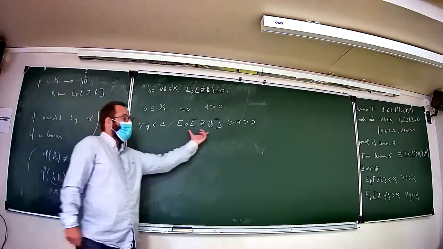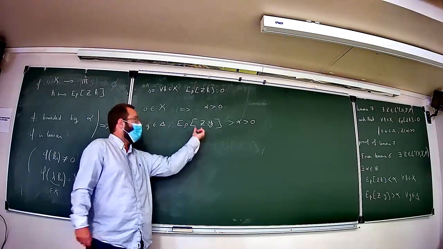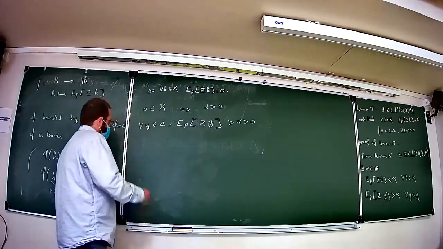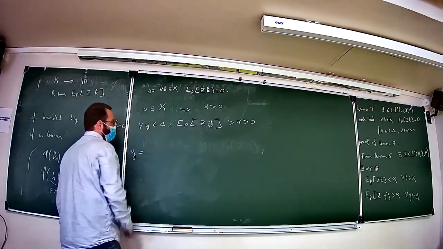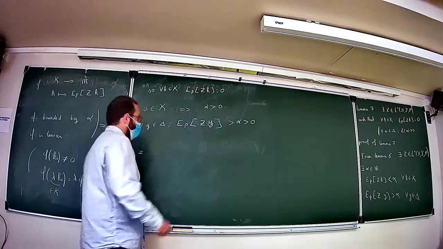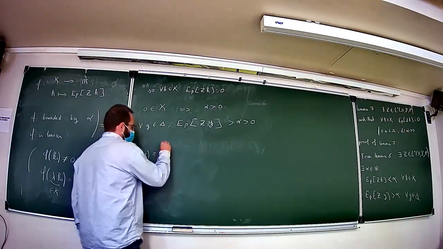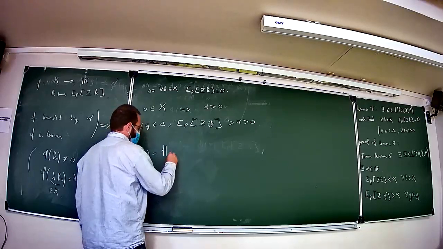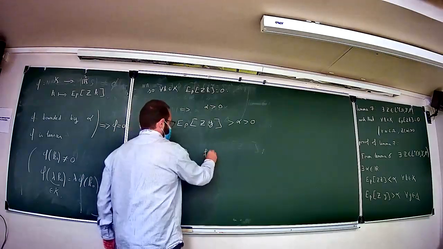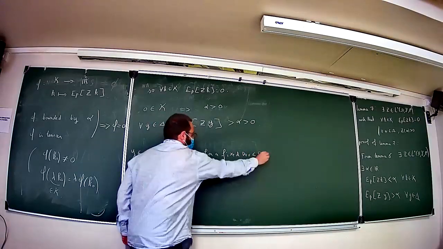In fact, I want to restrict this expectation to something that is just related to a particular value of Z. For example, if I want to make appear here a particular value for Z, I can take y of w equal to the indicator function of w0, w for a fixed w0 belonging to omega.